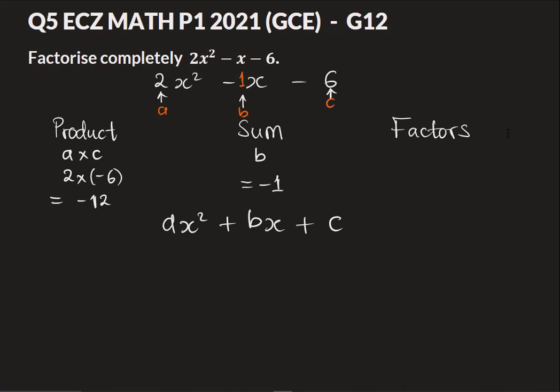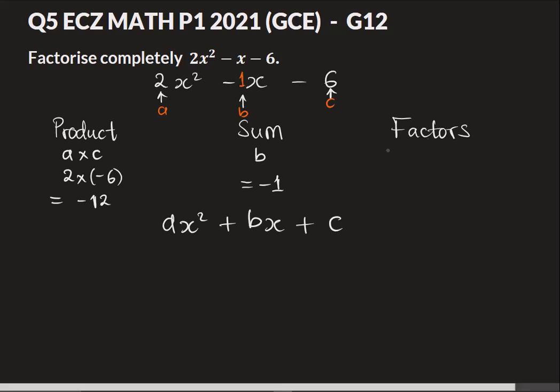So the rule is, the factors are two numbers that if you multiply, they equal the product.